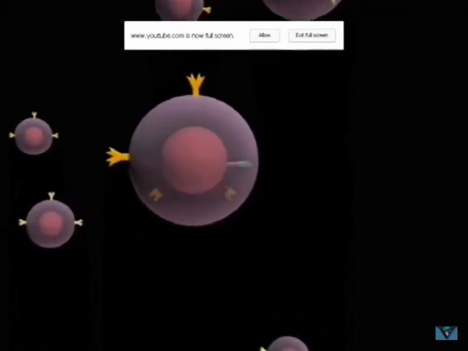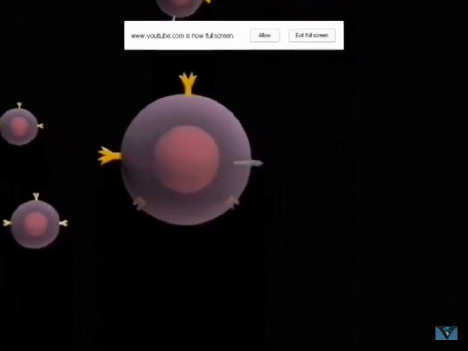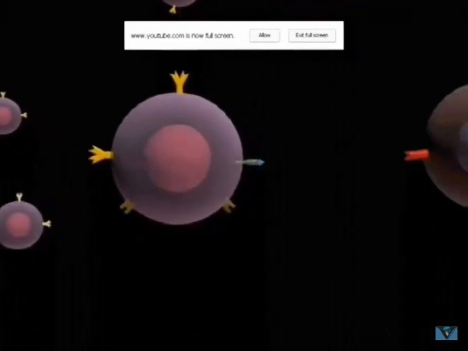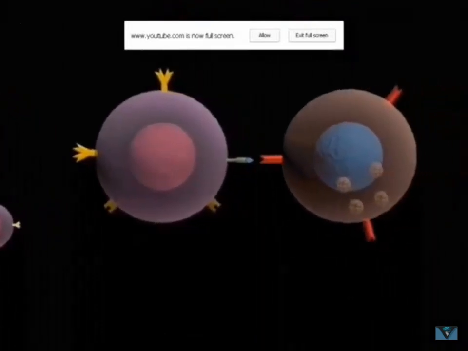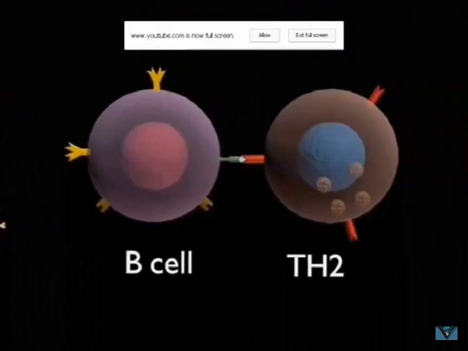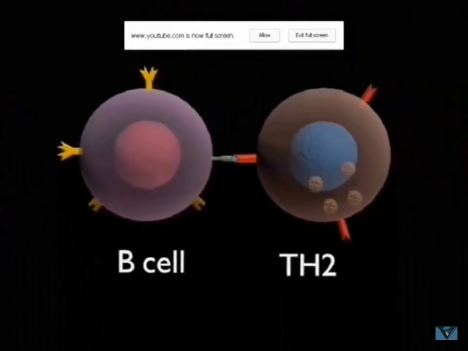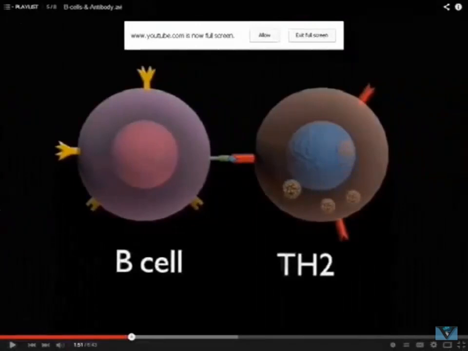Digests it and puts out a piece of it, right? Here's the T helper. All right. So now what we've gotten is we've got a B cell that found an antigen, right? Bound to it. Now it's acting as an antigen presenting cell. Okay, it's still a B cell.